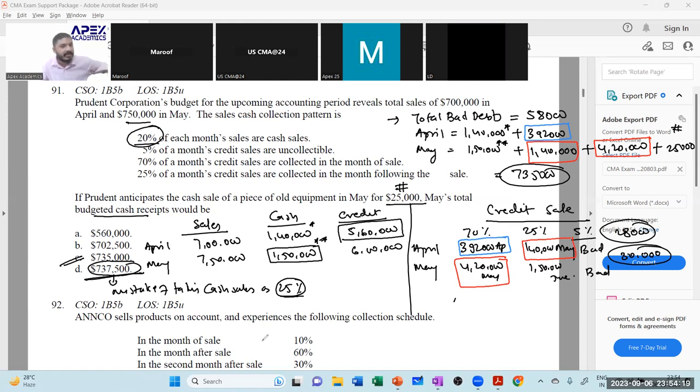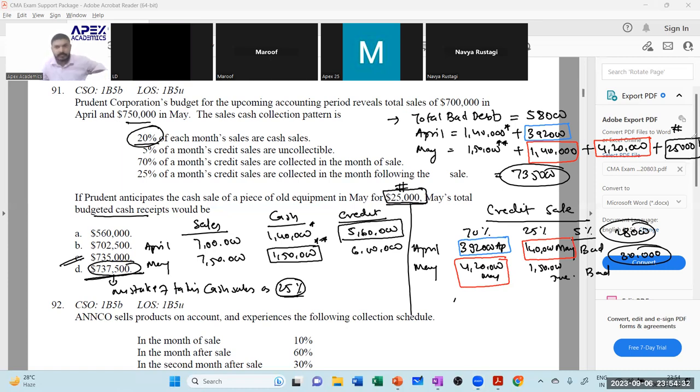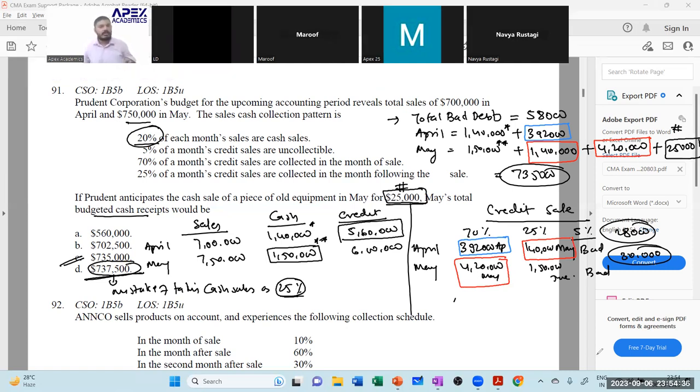Are you with me? Yes or no? Everybody? Is it clear? Putting a black box around this. And this is that black box over here. Please take a screenshot of this. I don't think you need me to write this in the notebook. This is good enough.